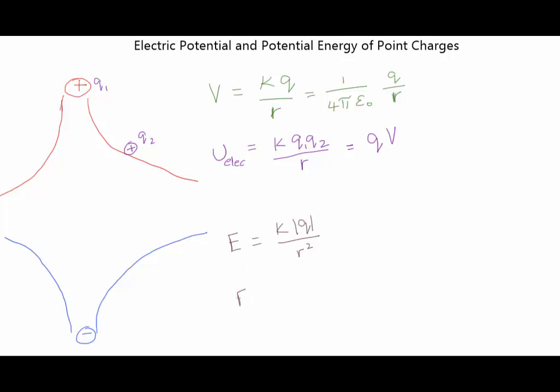And the force between two charges, the magnitude of it was given as K times absolute value of Q1 times absolute value of Q2 divided by R squared. And by comparing these two equations, we got another equation that said the force acting on a charge Q when it's placed at a point with an electric field E would be given by this equation, F equals Q times E.